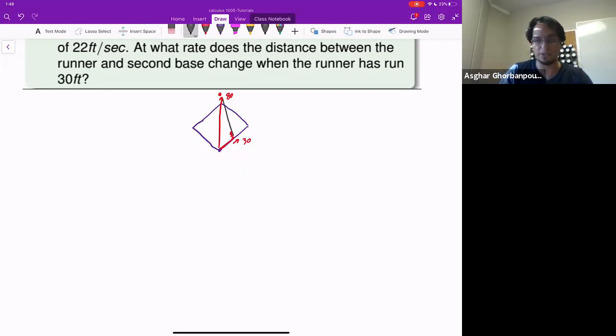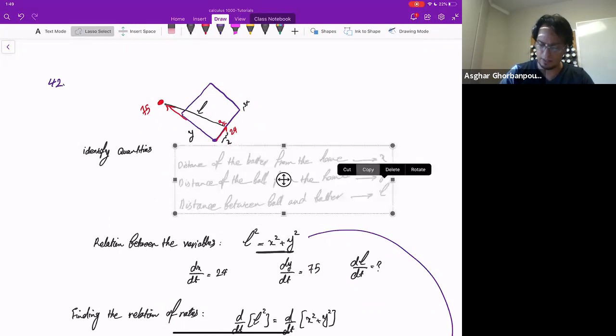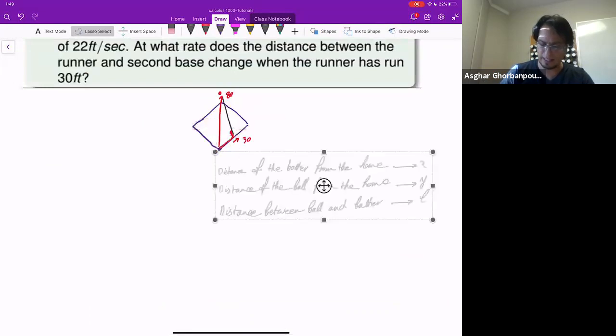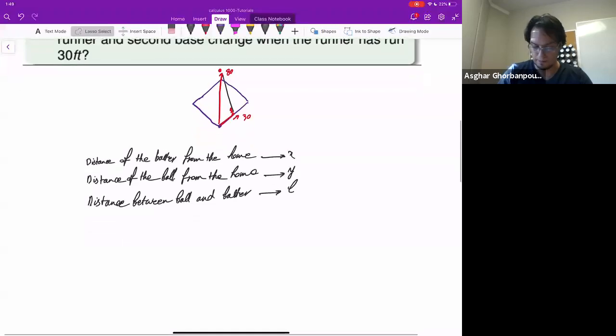Again, the identification of the quantities: I can take exactly the same quantities that we had before, copy, and bring them up here, because the problem is asking the same kind of question. So the variables and the quantities involved are the same.